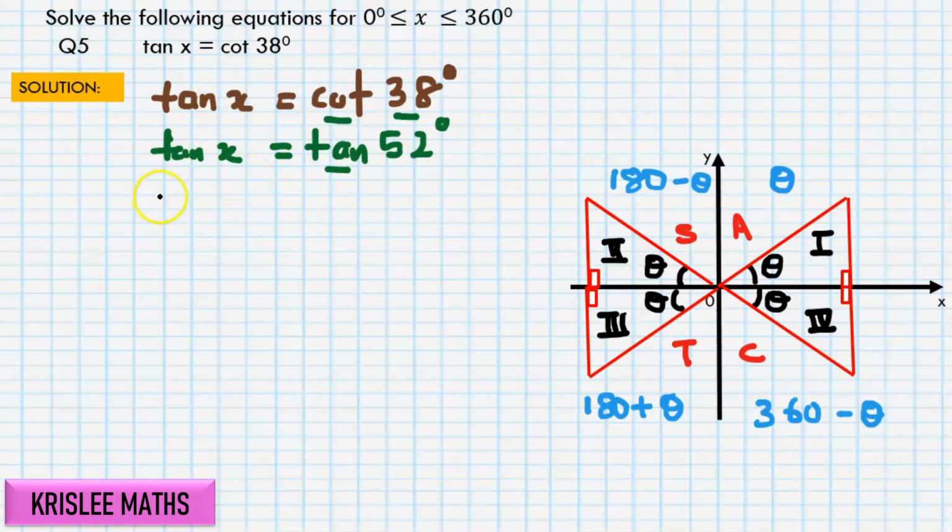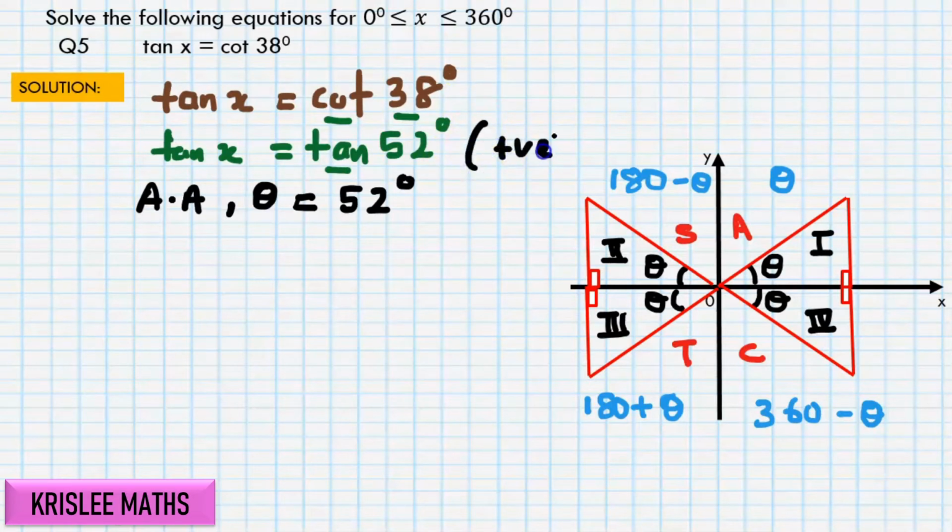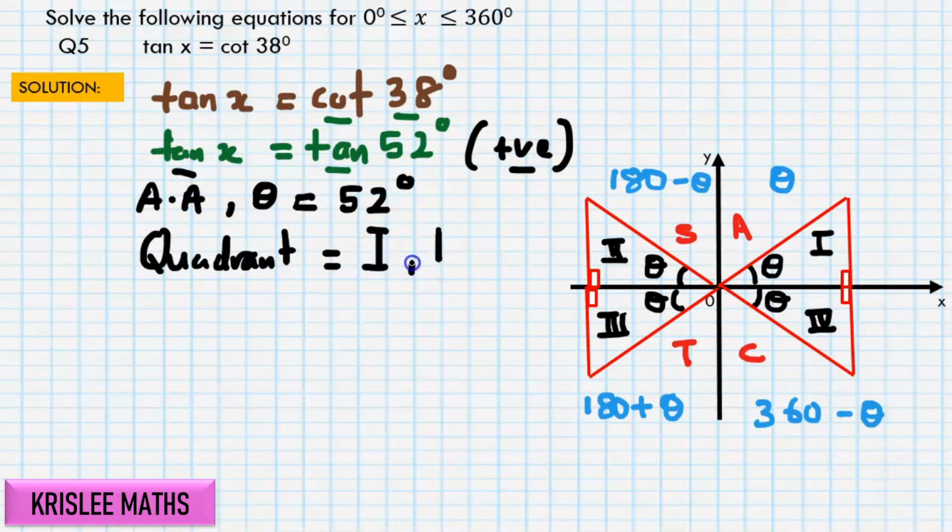So from here we can obtain the acute angle theta. So theta is 52 degrees. Now if you check the value of tangent 52, it is a positive value. Since the value is positive, you have to refer to the quadrants where tangent is positive. Tangent is positive in the first quadrant and the third quadrant.